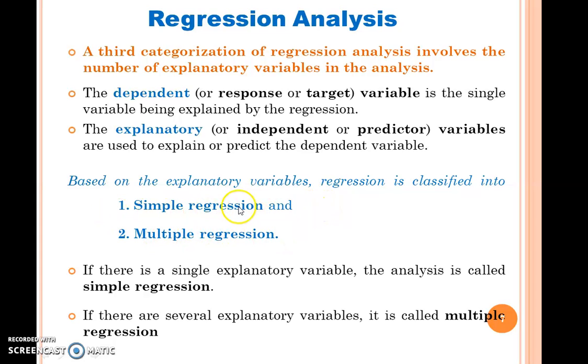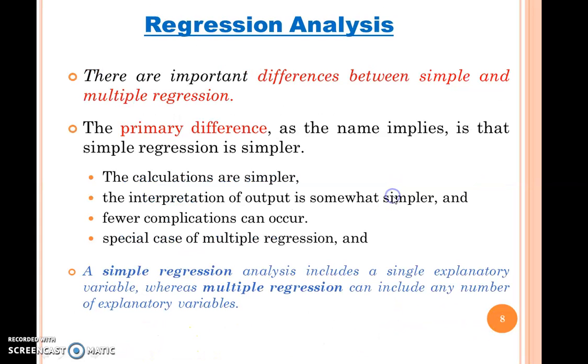As the name implies, simple regression has a single explanatory variable. The analysis is called simple regression. If there are several explanatory variables, it is called multiple regression. There are important differences between simple and multiple regression. The primary difference is that simple regression is simpler.